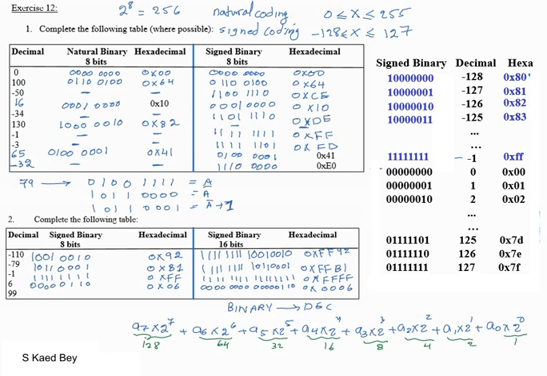So the binary representation of 99 can be written as 1, 1, and zeros, 1 32, 1 64, and 0 128. And the hexadecimal representation of this, the first 4 bits is a digit 6, and the other 4 is 3.